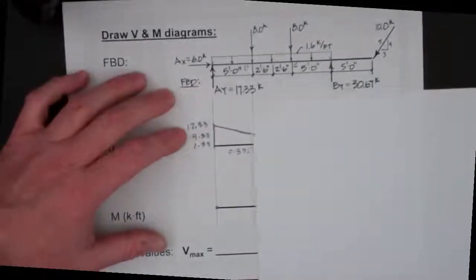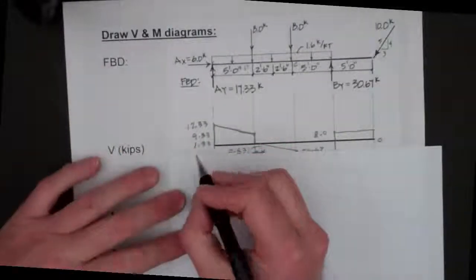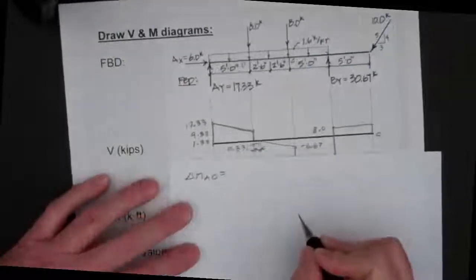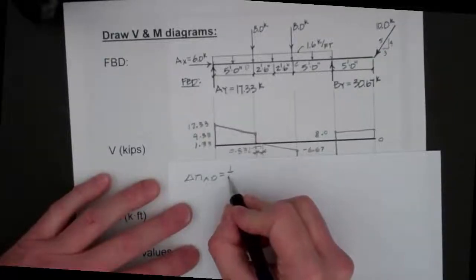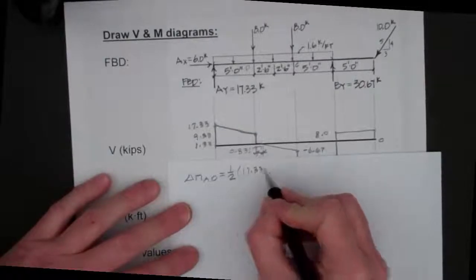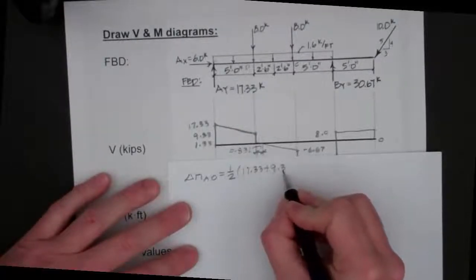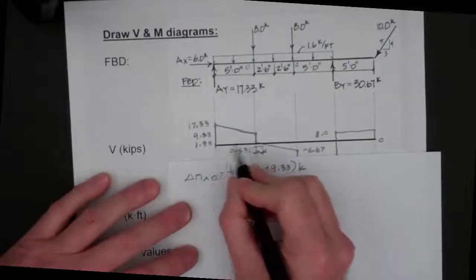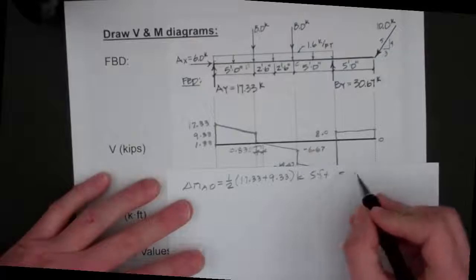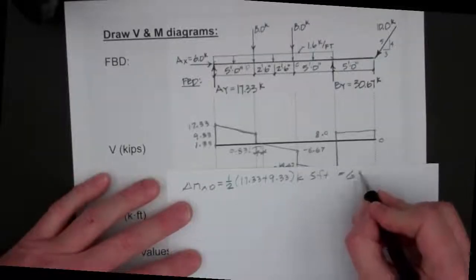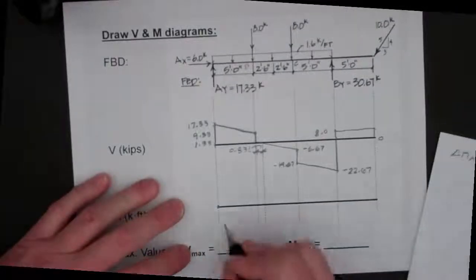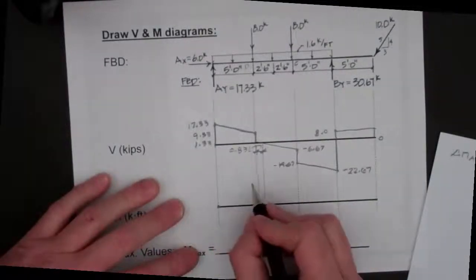So we're going to find the trapezoidal area between point A and D. We can say that the change in moment between point A and D is equal to 1/2 the parallel sides, so this is 17.33 plus 9.33 times the distance between them, which is 5 feet. And this would give us a change in moment of 66.65 kip feet. So we'll start at 0, and we're going to go up to 66.65 kip feet.